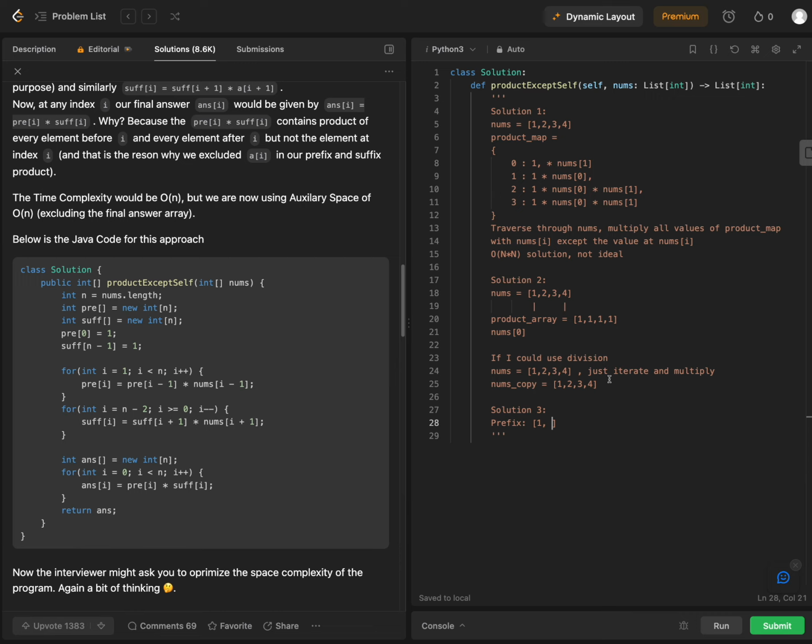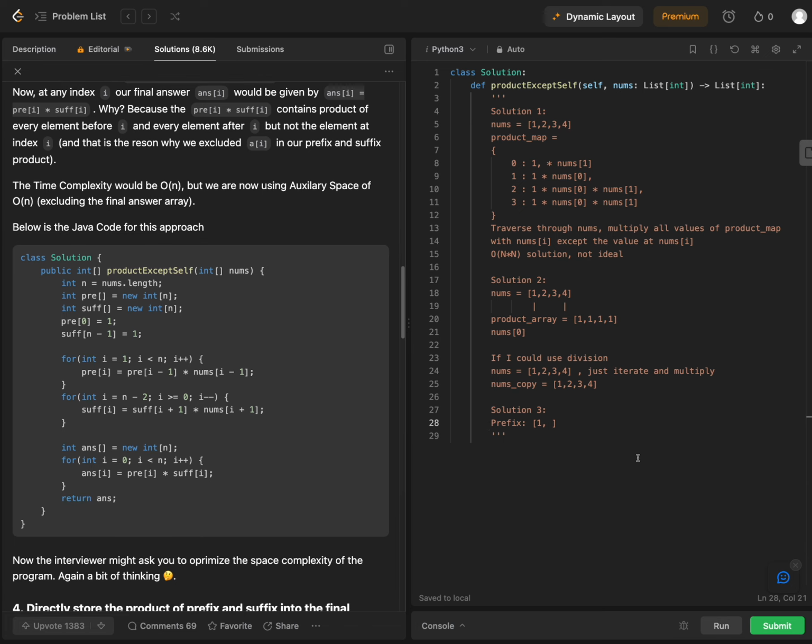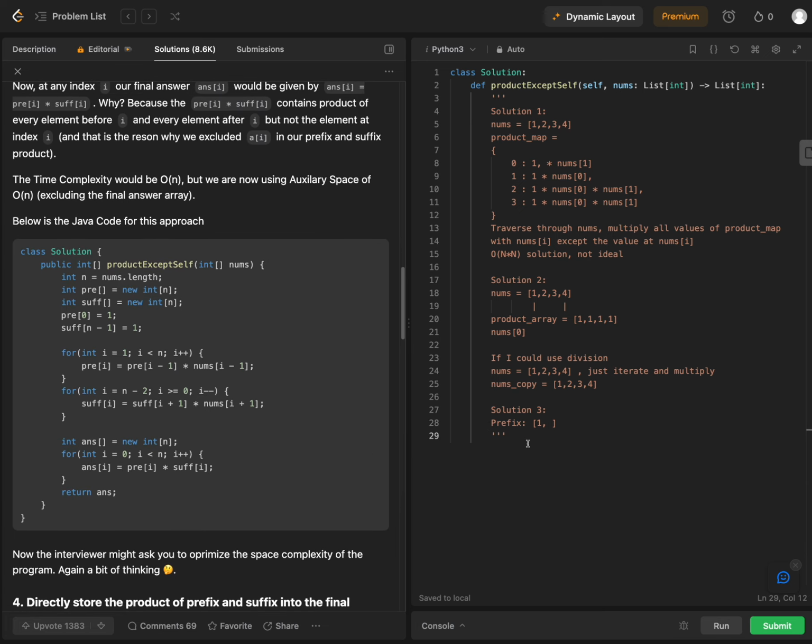Let's trace this algorithm here. Prefix of 1: essentially here you trace this algorithm, you will have i equals 1, prefix of index 1 is equal to prefix of this 1 multiplied by nums of 0.